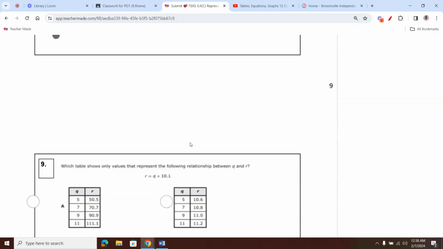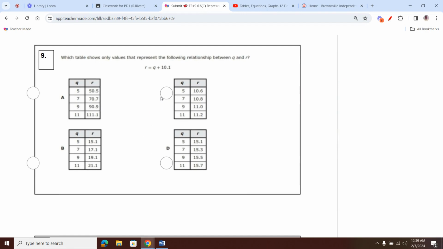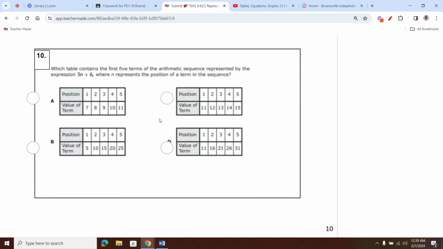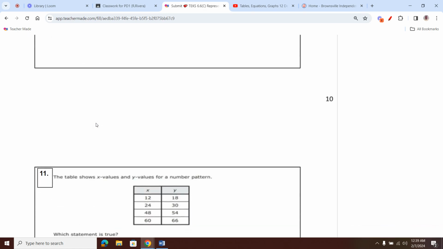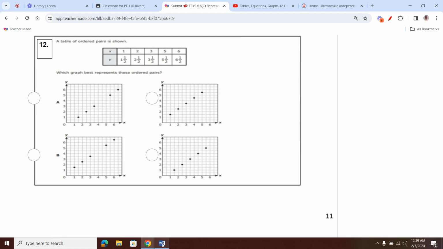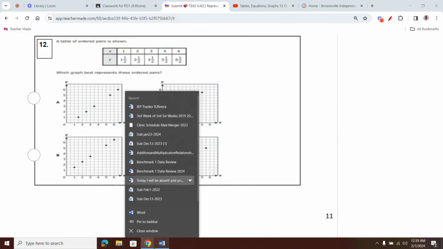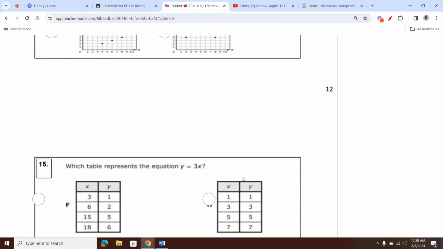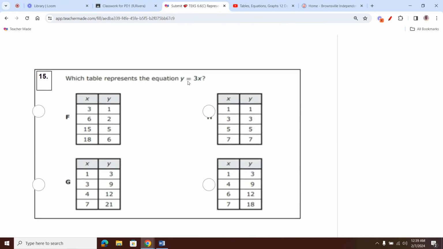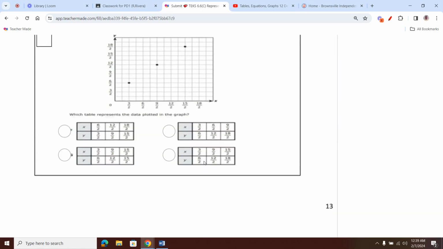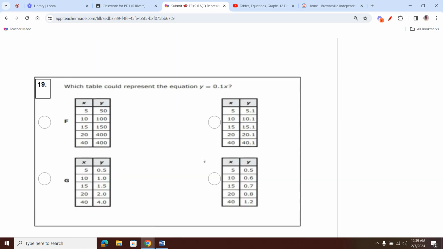Equations and tables, but you see, now they're working with decimals. Again, the equation tables.